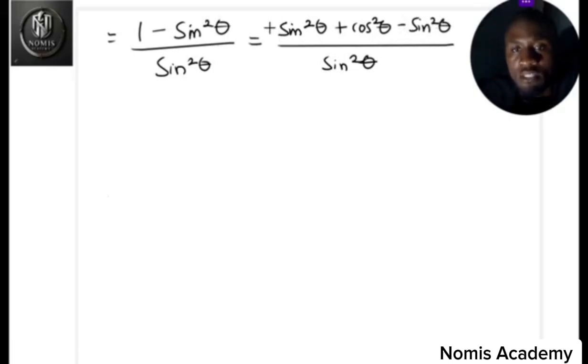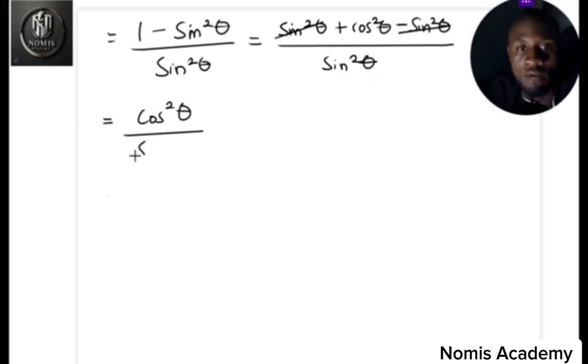The first is positive because there is no negative sign before it, and the other has a minus, so plus minus this is 0. So I will be left with cos squared theta all over sine squared theta.